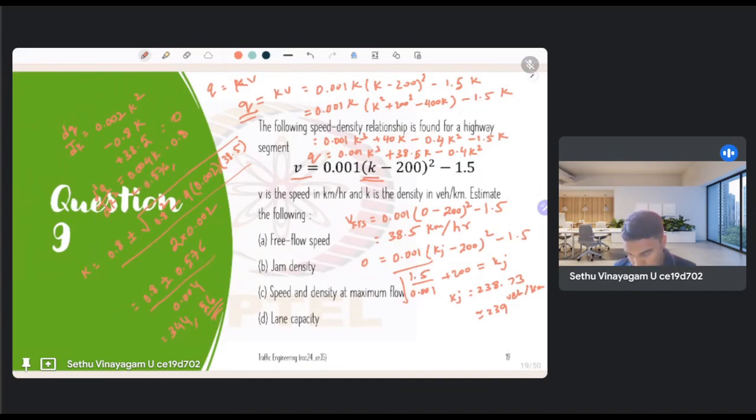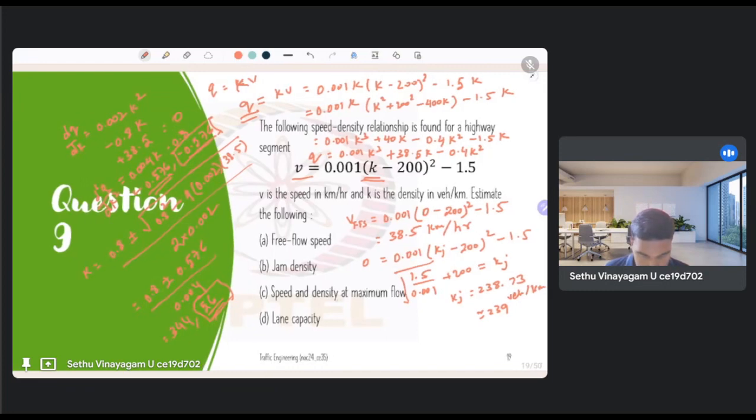For 56 it will be 0.004 into 56 minus 0.8, so that is minus 0.576, right? So which means that at 56 the second derivative is negative. For 344 the second derivative is positive. Because we want to maximize q, we will be picking this particular value where the second derivative becomes negative. So 56 is where the flow is maximum, right?